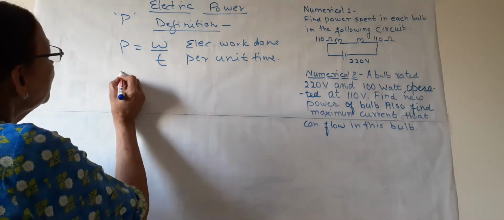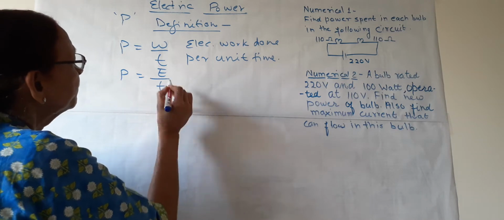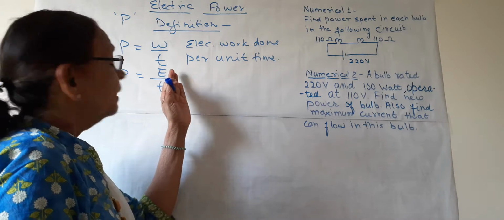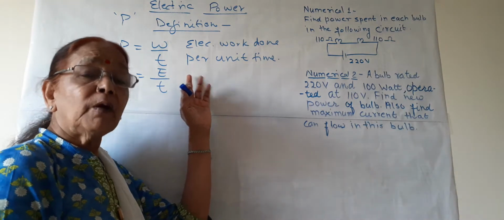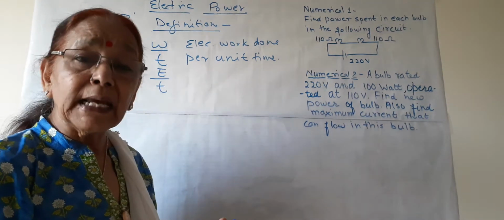One other formula is also there, that is P is equal to E by T. P is power, E is electrical energy and T is again time in seconds.